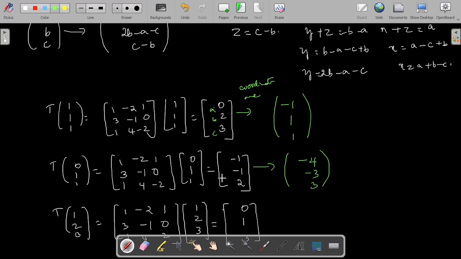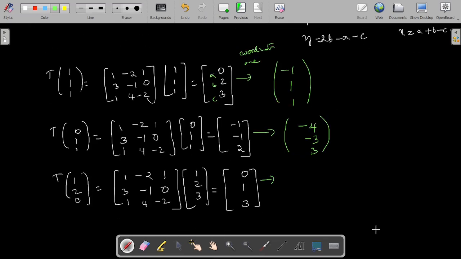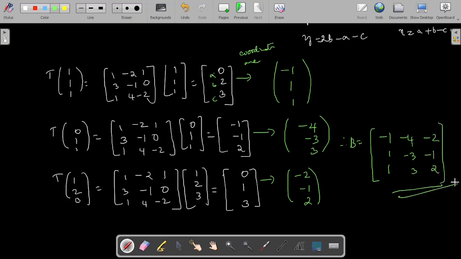And the third vector, 0 1 3, it is called as minus 2 minus 1 2. Okay, therefore the matrix of the given transformation with respect to the basis S is given by minus 1 1 1, minus 4 minus 3 3, minus 2 minus 1 2. So this is the required matrix.